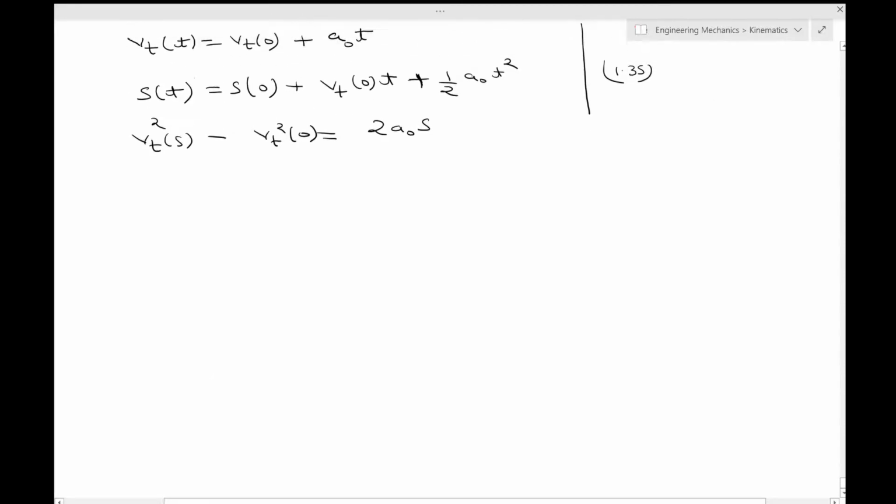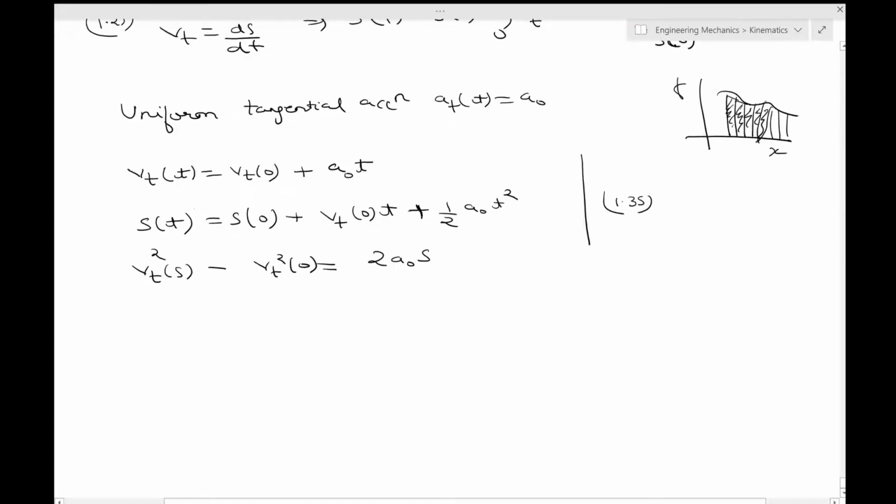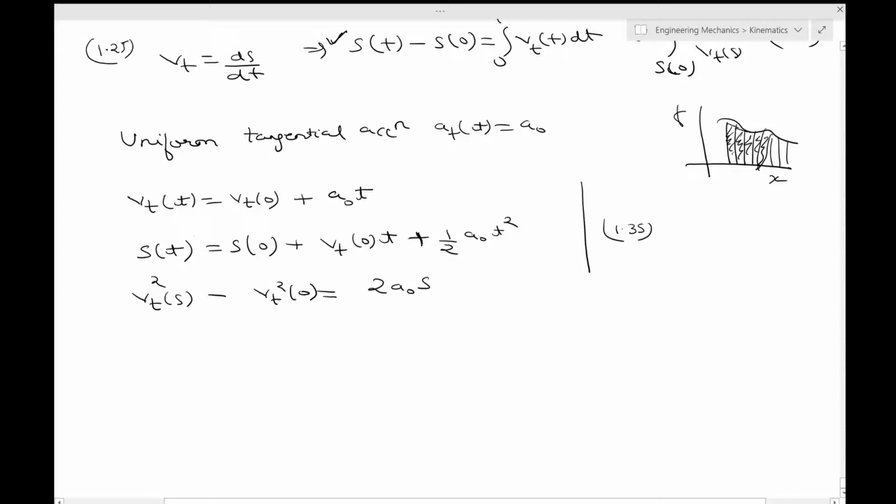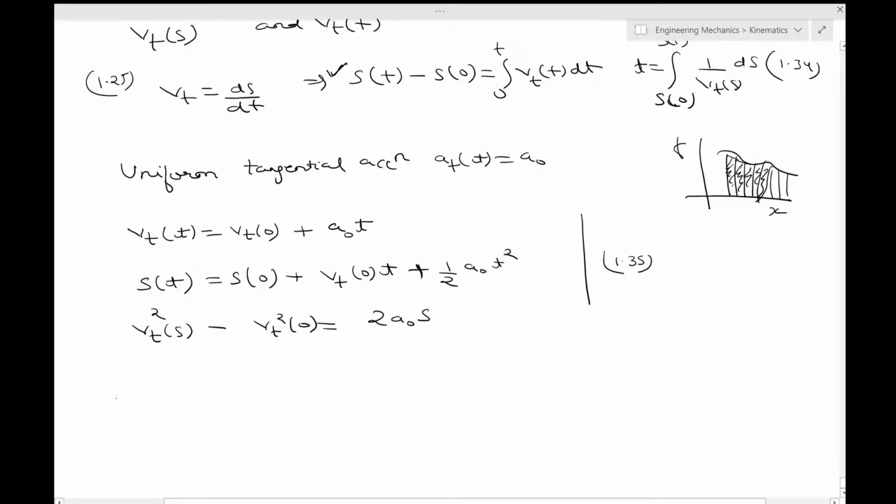Now let's see some simplifications for a plane trajectory. I mean, it's a 2D path.